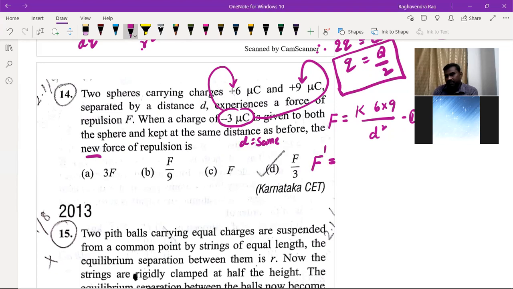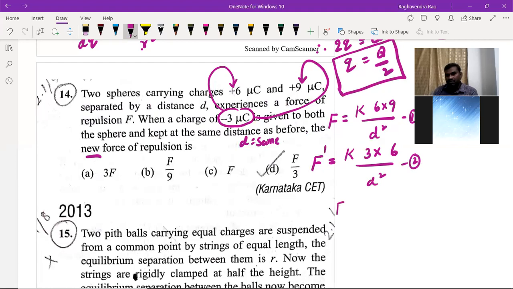So 6 minus 3 is 3, and 9 minus 3 is 6, divided by d square. That is equation number 2.